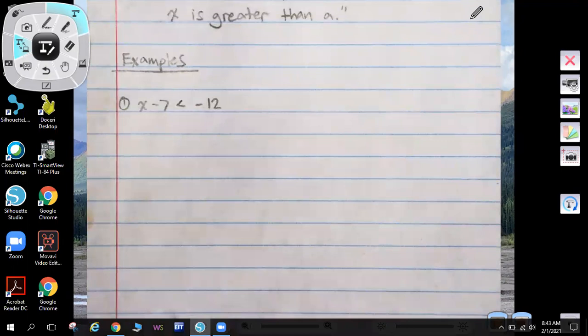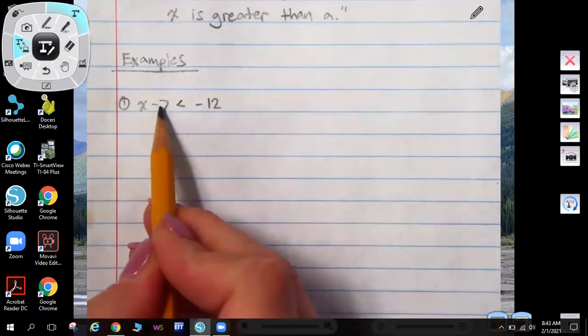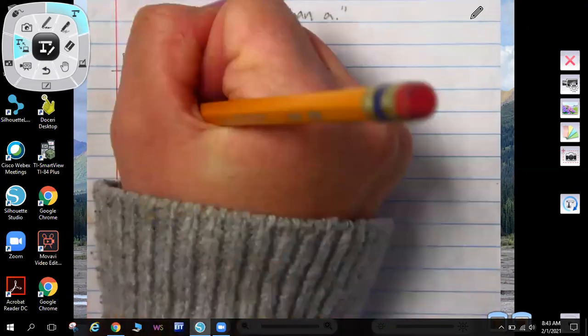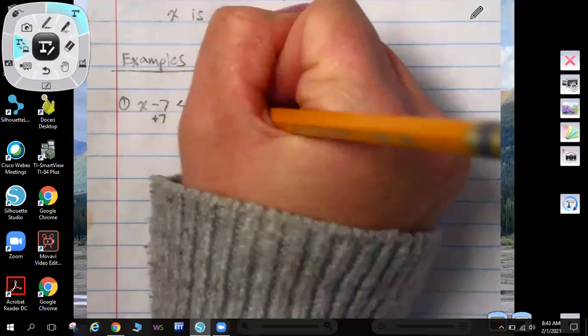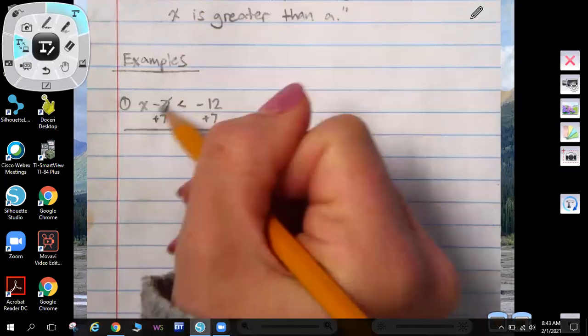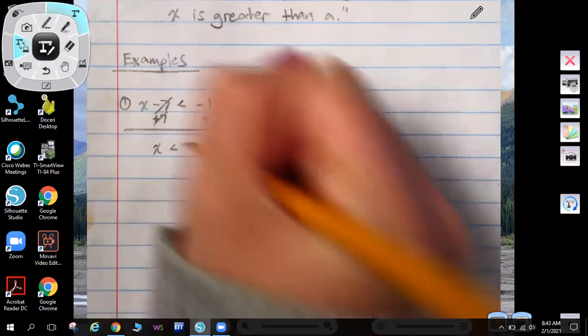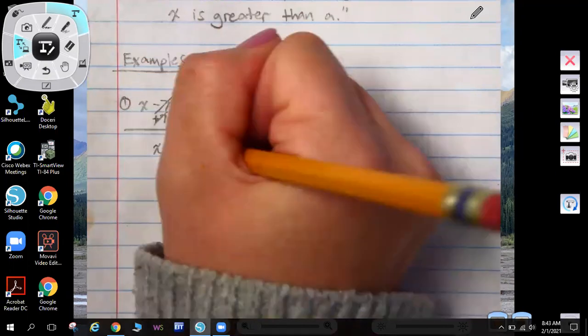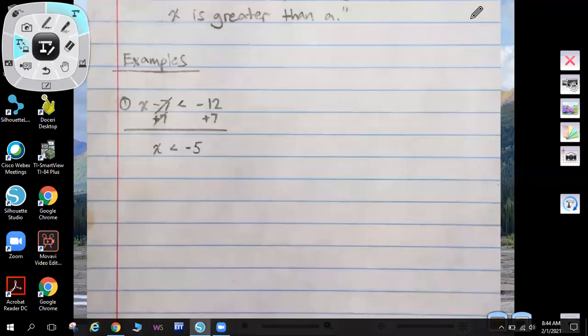So since x has 7 subtracted from it, to get x by itself, we add 7 to both sides. Negative 12 plus 7 is negative 5. Once you have x by itself, you have solved the inequality.